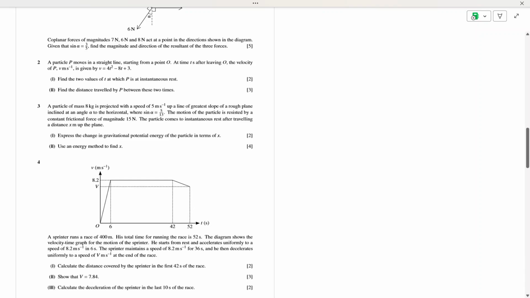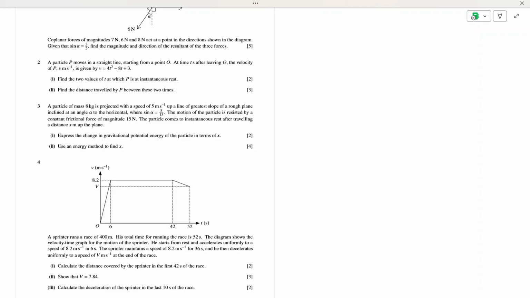It says, the particle P moves in a straight line, starting from a point O. At time t after leaving O, the velocity of P in meters per second is given by this equation. V is equal to 4t squared minus 8t plus 3. All right. So first part, find two values of t at which P is at instantaneous rest.